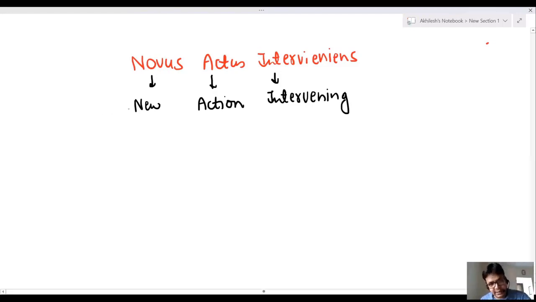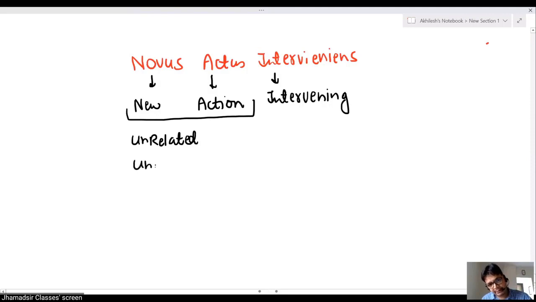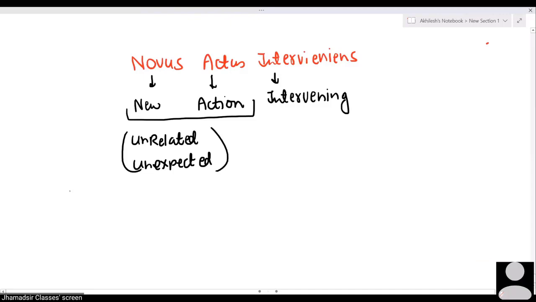And this new action is unrelated and unexpected. If an unrelated or unexpected action intervenes in the case, this is known as novus actus interveniens.